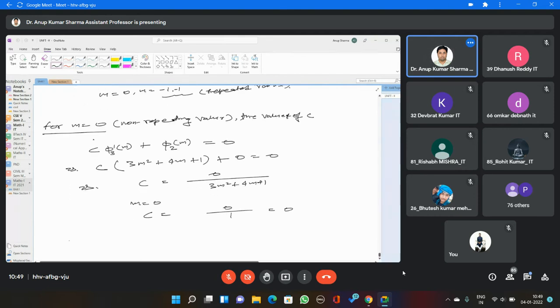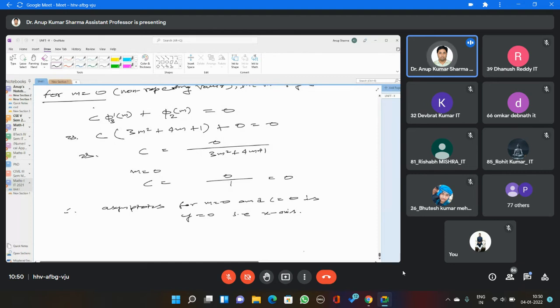Therefore the asymptote for m is equal to 0 and c is equal to 0 is y is equal to 0, that is the x axis. These things we already calculated from the highest degree terms, so we are getting the same here.